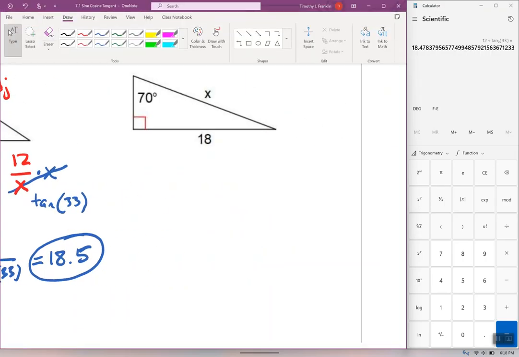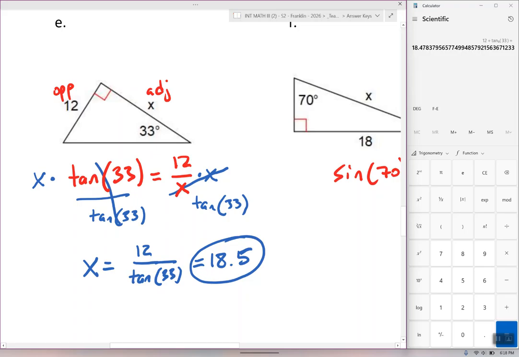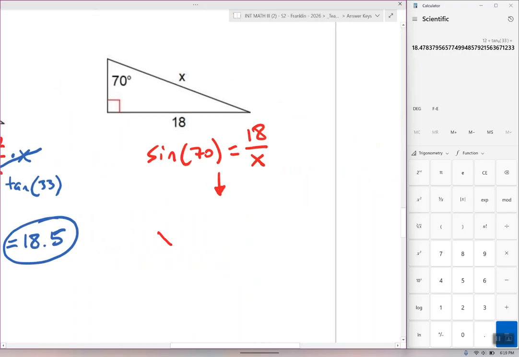And last one, we've got our 70-degree angle. We have the opposite is 18, and the hypotenuse is x. So this is a sine function. So sine of 70, and sine is opposite over hypotenuse. So 18 over x. Similar situation. Because of this algebra we did over here, I'm just going to go ahead and say x equals 18 over sine of 70, right? I can switch that.